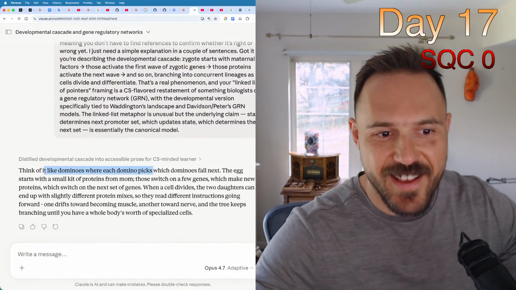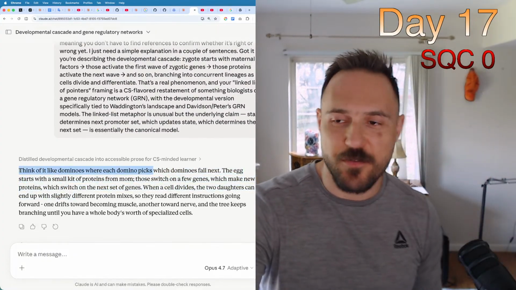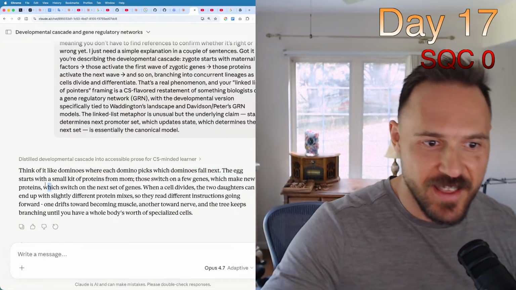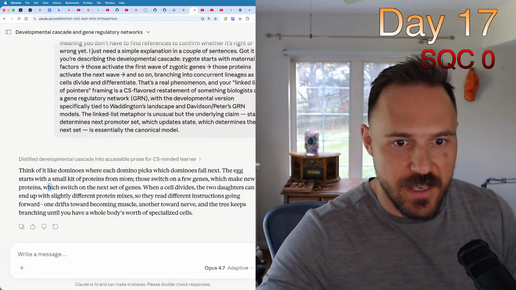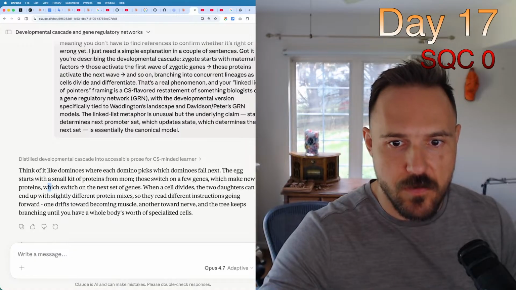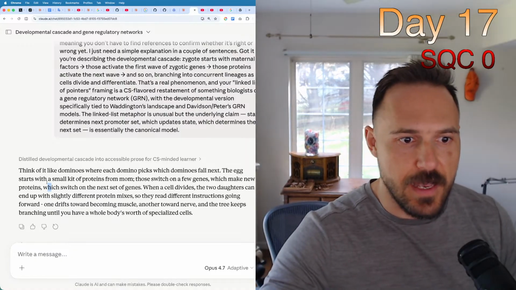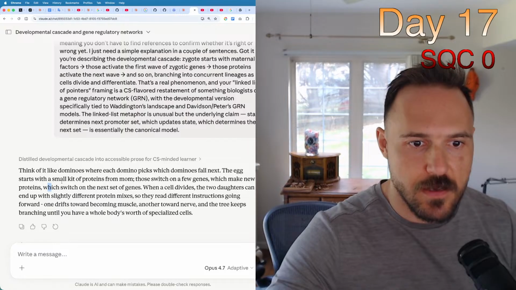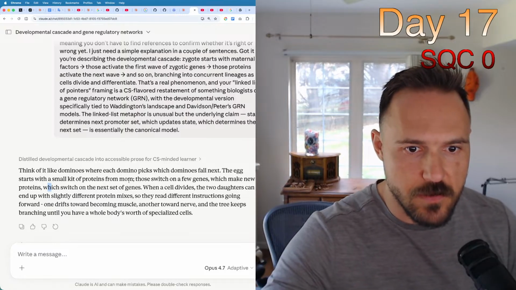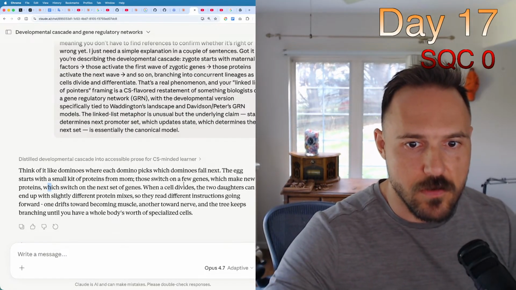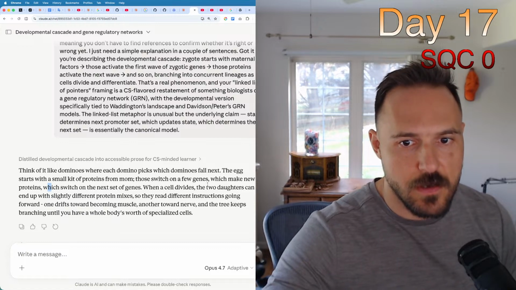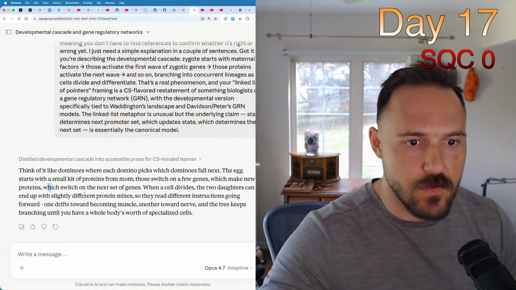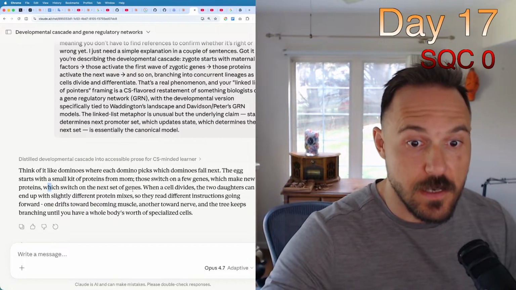Yeah, that's interesting because I was saying it's like dominoes. Think of it like dominoes where each domino picks which dominoes fall next. The egg starts with a small hit of proteins from mom. Those switch on a few genes, which make new proteins, which switch on the next set of genes.